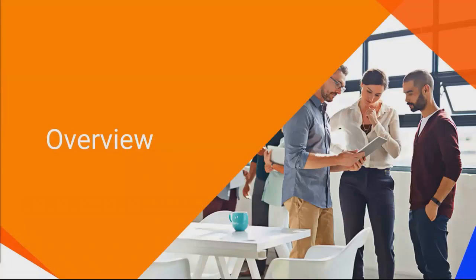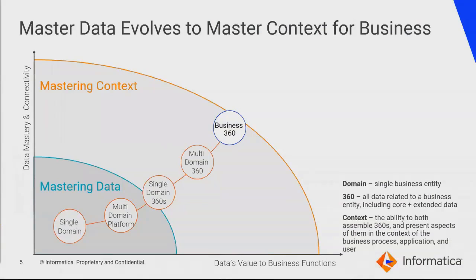Let's begin with an overview on why this topic is critical. This slide is nothing new, and it explains how master data evolves to master the context for business. This is how we see the MDM leaders are going. They are moving from single domain to connecting all 360s across various domains for a full business perspective.